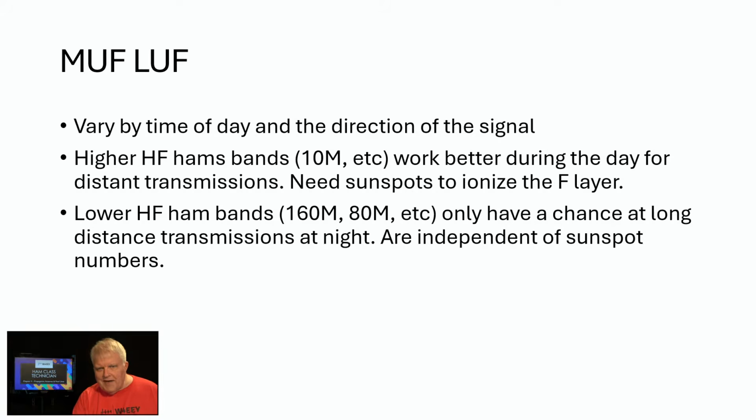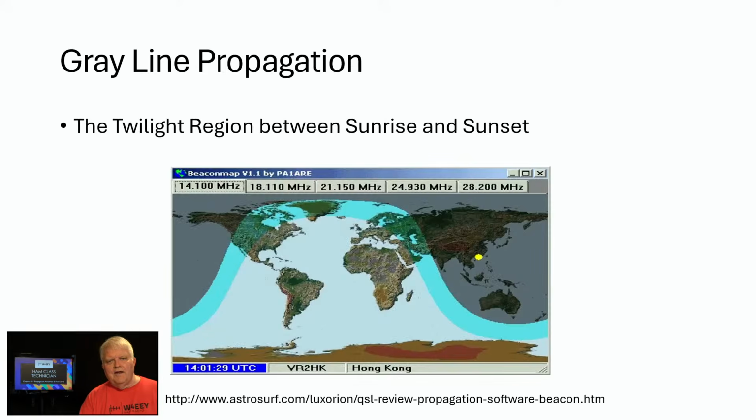We're talking about propagation. That's the way that radio waves get from point A to point B. And one way is through the band that exists when the sun is going down or when the sun is coming up at your location. That twilight period is called the gray line. This is a Mercator projection map, so it doesn't look like it, but there's actually a band. This is where it's dark, and this is where it's light, or vice versa.